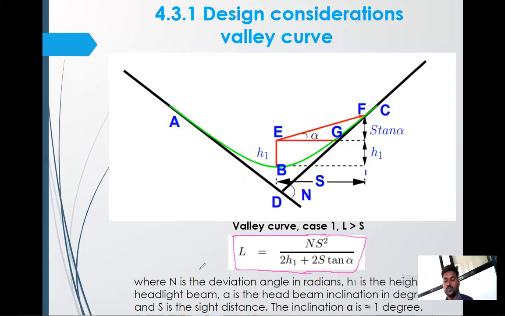L is equal to NS square divided by 2H1 plus 2S tan alpha.